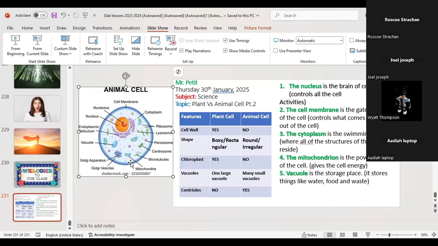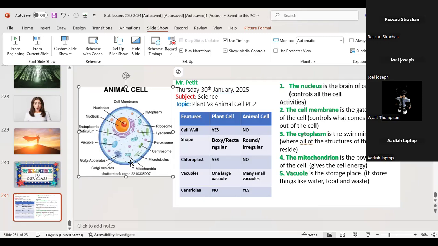Okay. Wyatt, what do we know about the cytoplasm? The cytoplasm is the swimming pool where all of the structures of the cell reside.